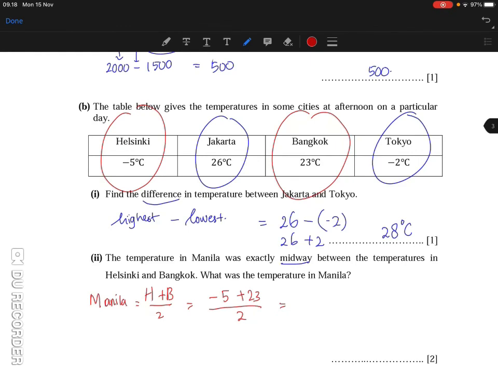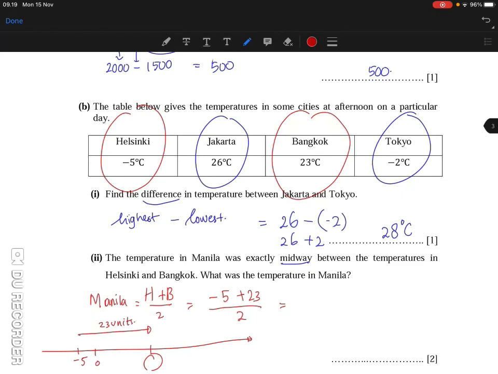Remember, if you don't understand my method, you can just use the number line. You have -5 and you have plus 23. It means you have to go to the right side by 23 units, like that, and then find the final answer, how many degrees Celsius there.